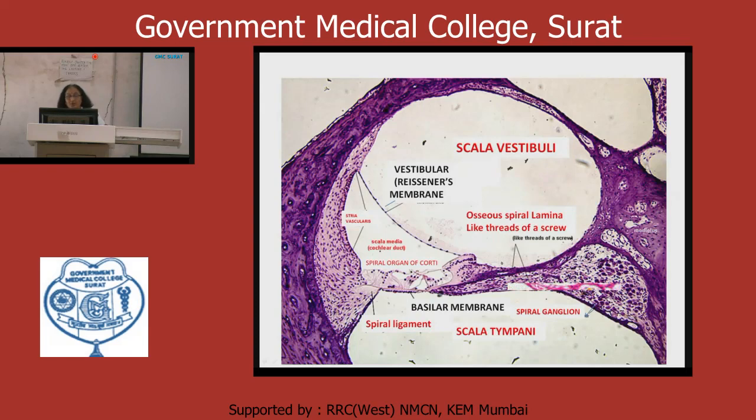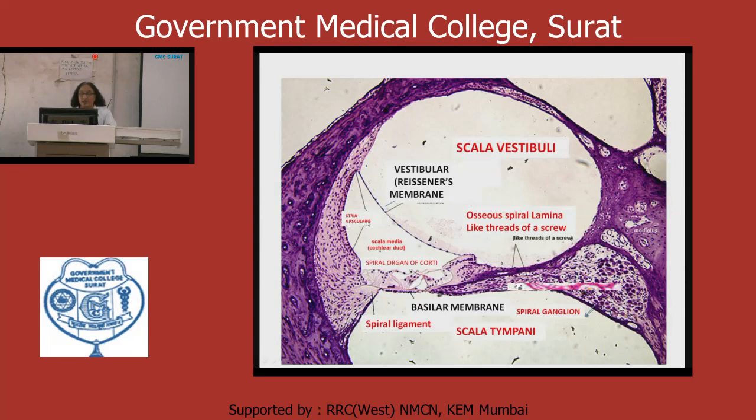Now connecting both of these is the basement membrane, called the basilar membrane, on which the spiral organ of Corti is located. Now here you can see the stria vascularis, an exceptional modified epithelium in the body which contains capillaries.